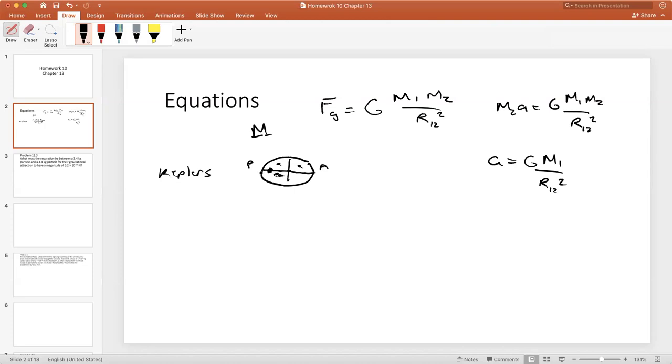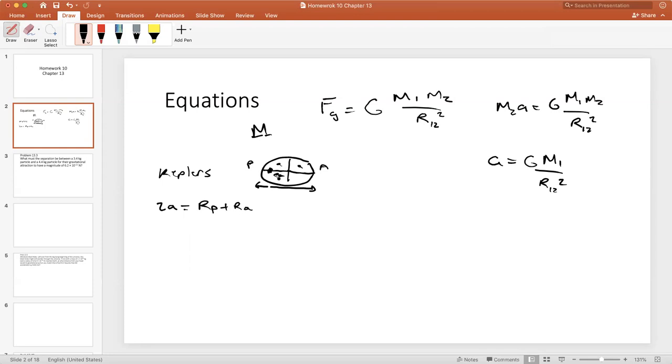This is EA, this is RP, this is RA. From all that, we get that 2 times A, which is the semi-major axis, is RP plus RA. It's the distance from big M to the closest approach and the distance to the furthest approach.